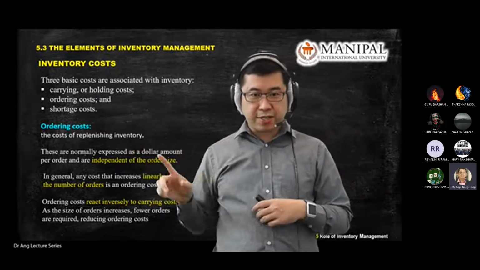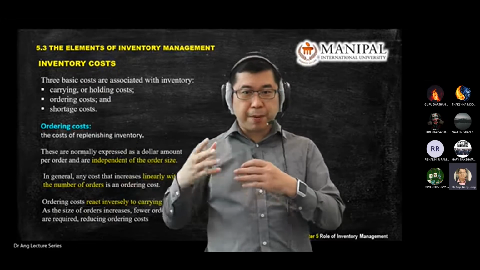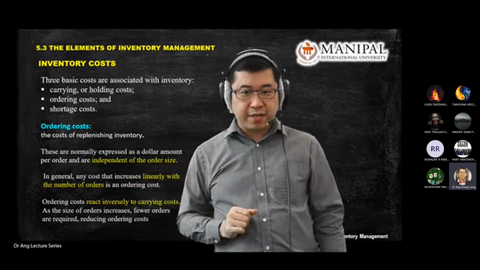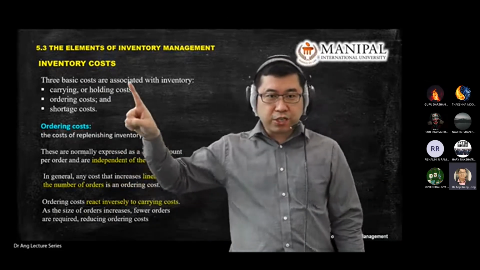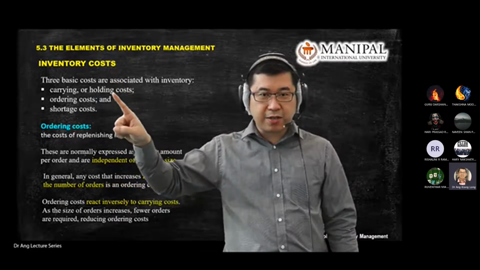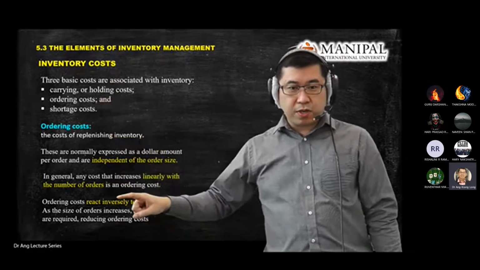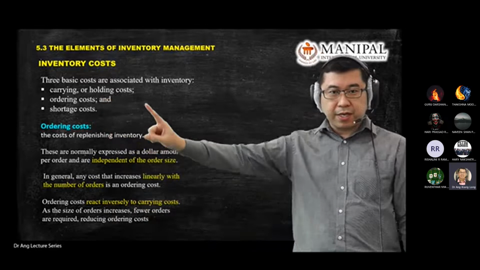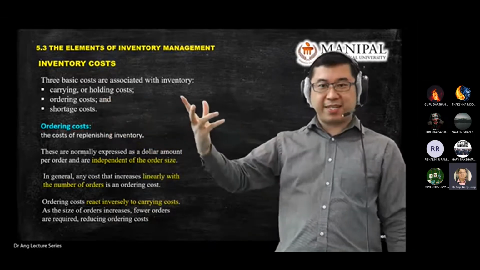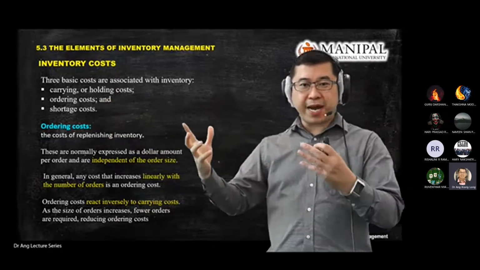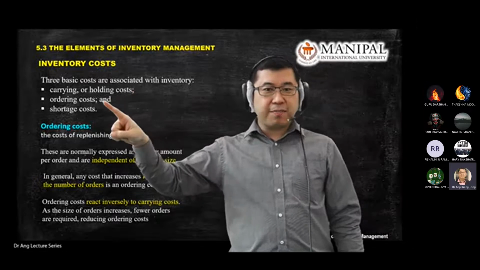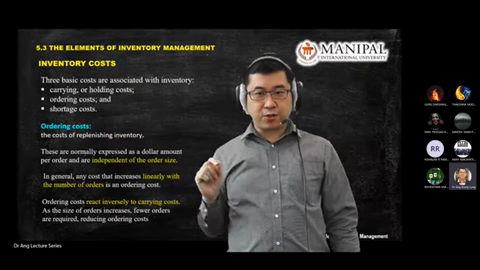Ordering cost is the one that you top up your inventory, right? So the relationship between holding cost and ordering cost works inversely. The more you buy, the less ordering cost you need.